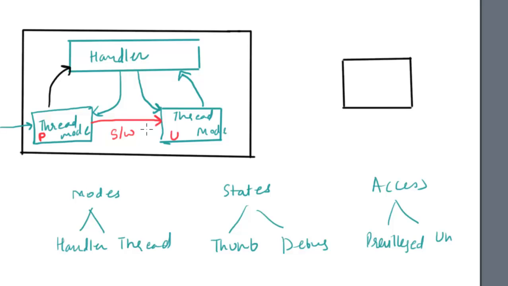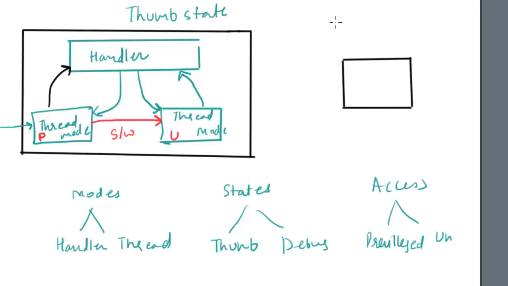Normally while writing C programs, you would not have to worry much about this. And this state where it is running, as I said before, this entire thing is called the thumb state.